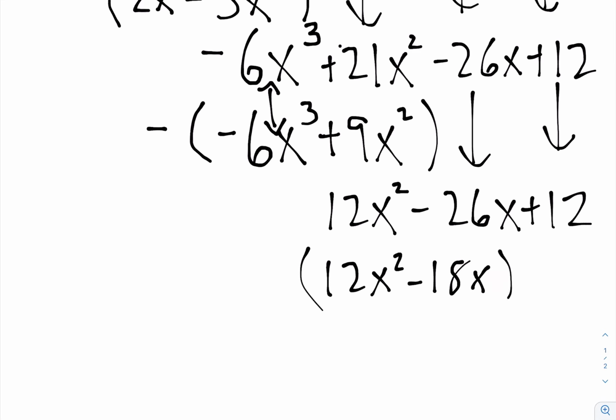Remember, we're subtracting all this. 12x squared minus 12x squared is 0. Negative 26x minus negative 18x gives us negative 8x, because subtracting a negative means we're adding a positive. And remember this 12 comes for the ride.